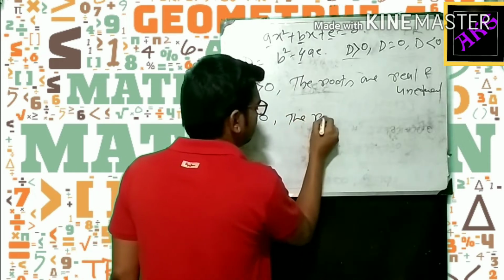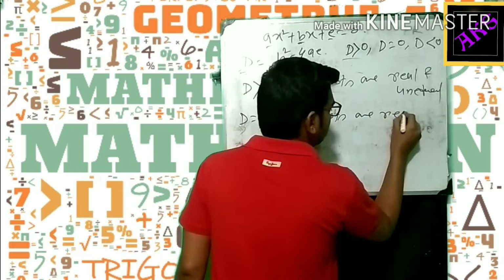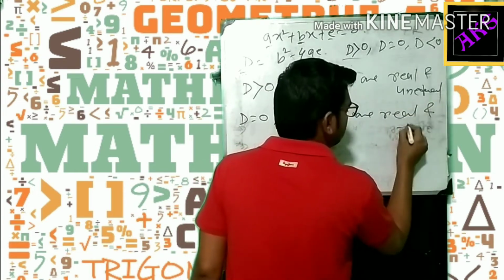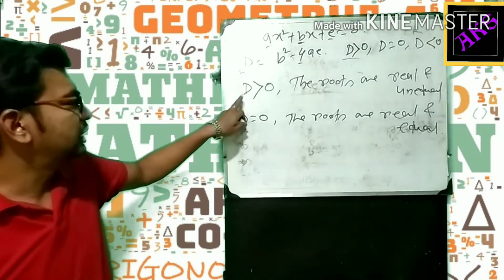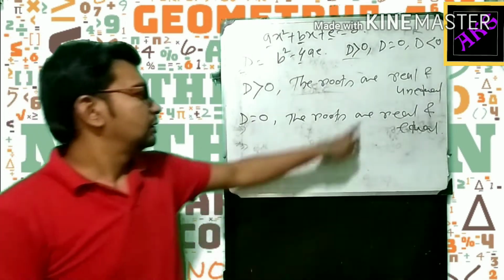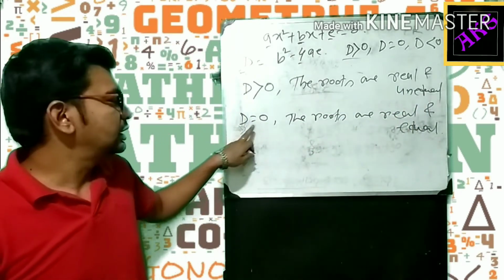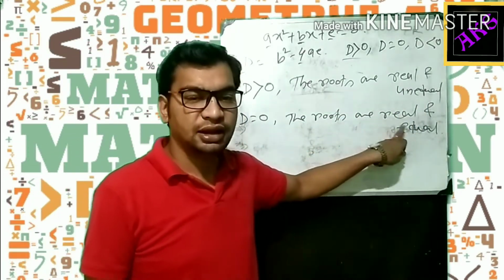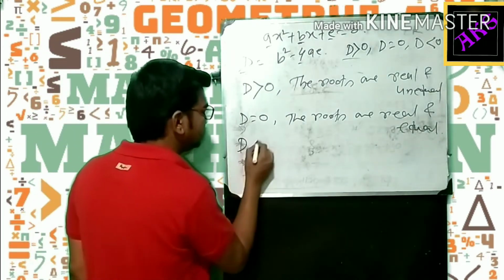The roots are real and equal. Okay, when D is greater than 0, the roots are real and unequal. When D equal to 0, the roots are real and equal. Now what happens if D is less than 0?